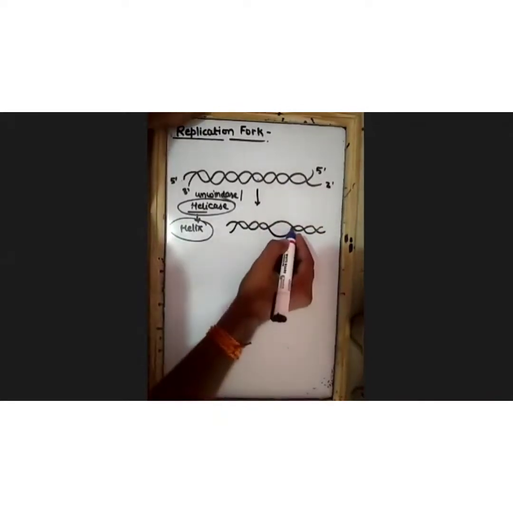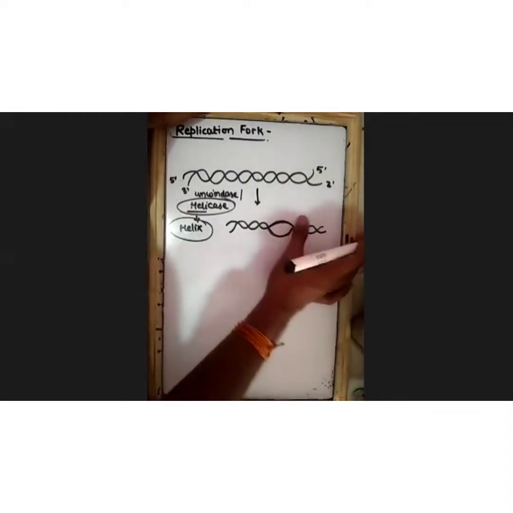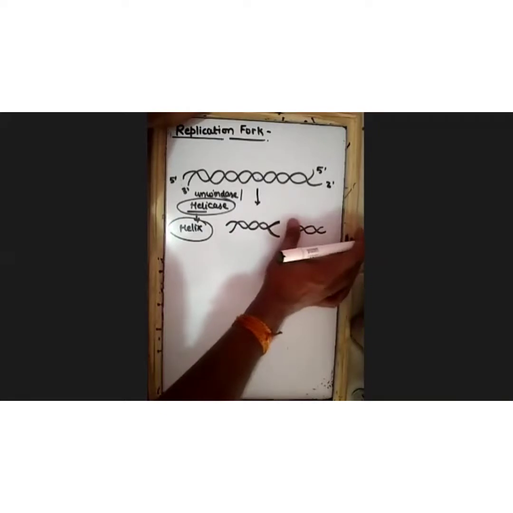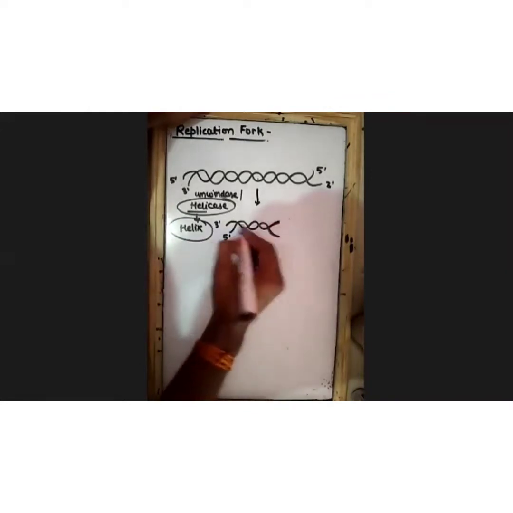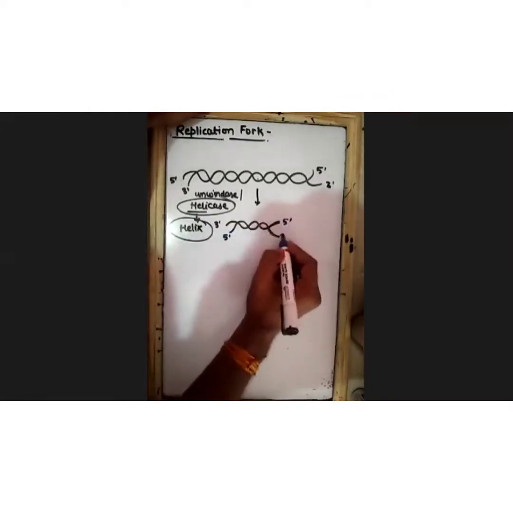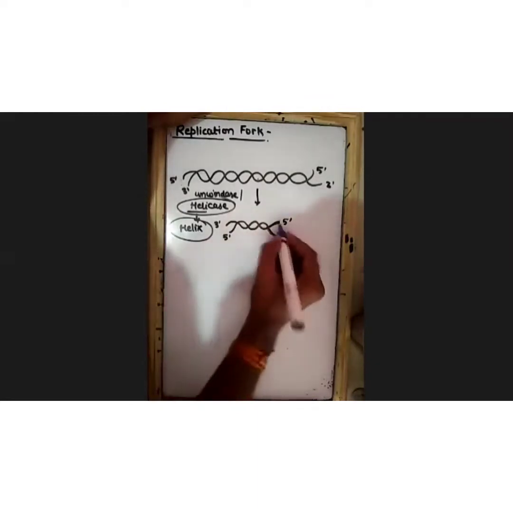Here you will get a bulb-like structure. Now, if you want to see it like this, 5 prime, 3 prime, 3 prime, 5 prime. Sorry, this 5 prime and 3 prime. Okay, so this is the replication fork.